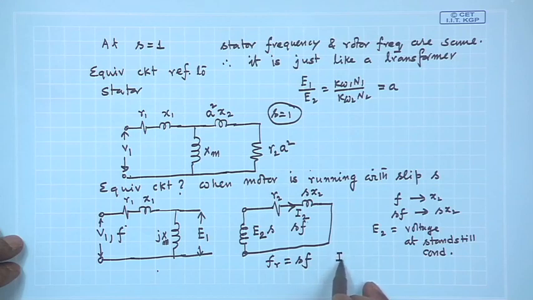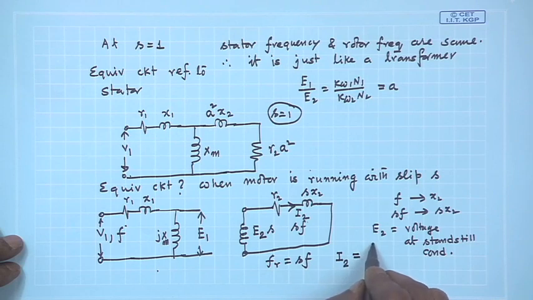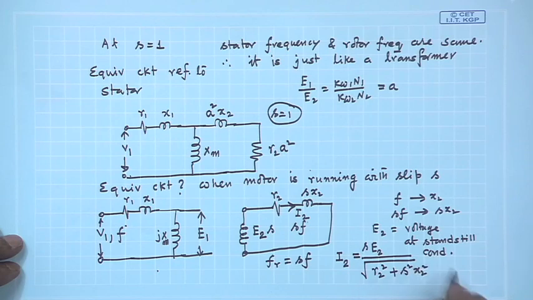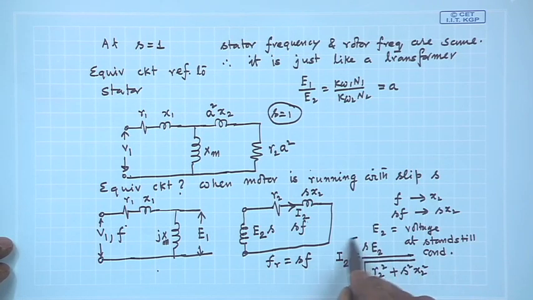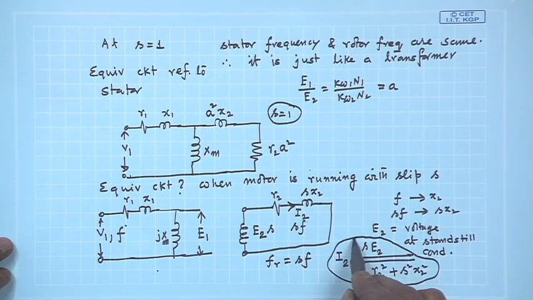The RMS value of the rotor current will be S E 2 divided by square root of R 2 square plus reactance square, where X 2 is the reactance at standstill condition. So, that is why the reactance has been modified. This is the expression of I 2.